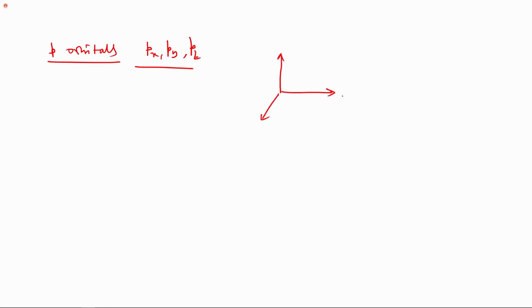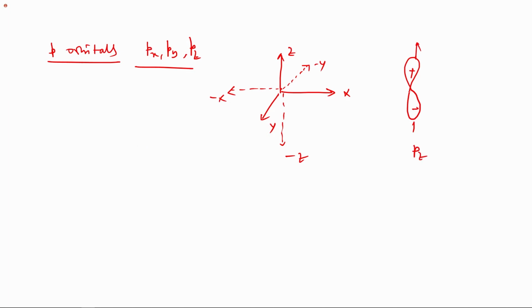We know the three coordinates are x, y, and z, and minus x, minus y, and minus z. So when we draw the pz orbital, it will be along the z axis. So it is a pz orbital.